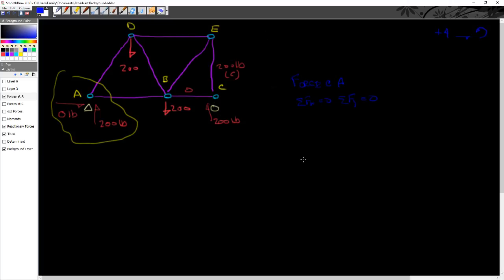So drawing A, it's a little bit more complex. I've got my point A, my vector. Again, I'm going to put both of these in tension just to start out with, because it doesn't really make any difference. This is AD. This is AB. External to that, acting down here, I've got a 0 force in the x direction, so all I really have here is a 200-pound force up.